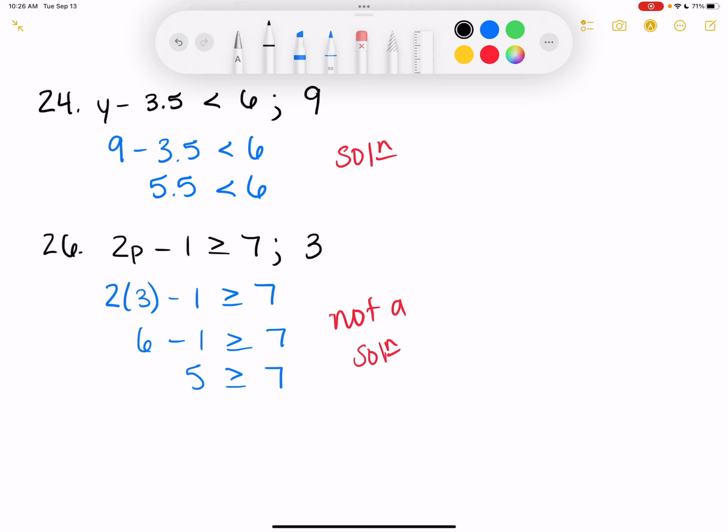Then let's do one more of those. 28. 3z plus 7 is greater than 20, and we're plugging in 4.